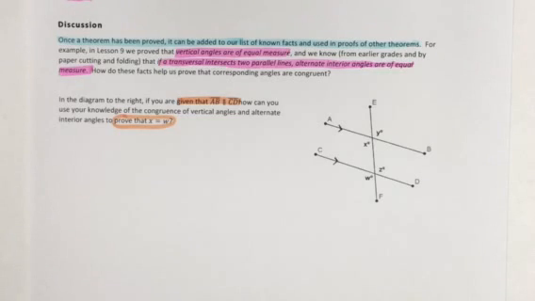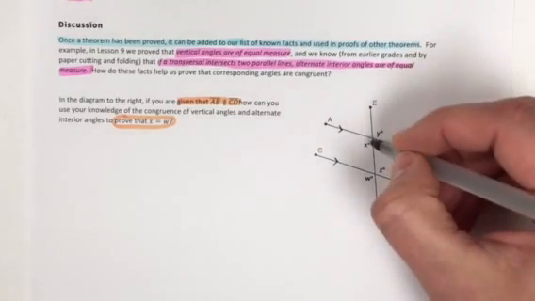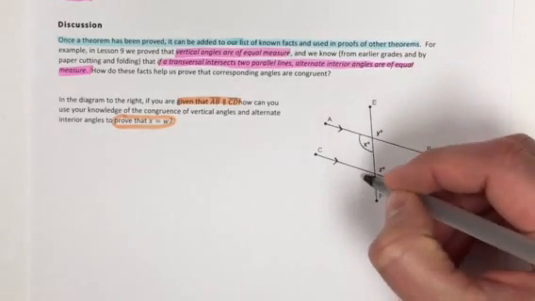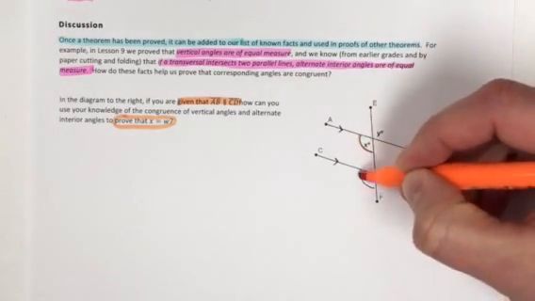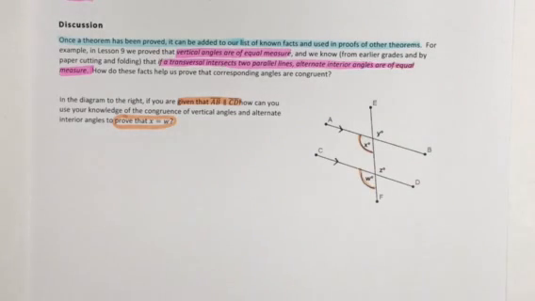Then we want to use our knowledge of congruent vertical angles or alternate interior angles to prove that X equals W, so angle X is congruent to angle W. You may want to highlight. Once you've identified what you're trying to prove, it's very helpful to add some color so that it stands out to you.